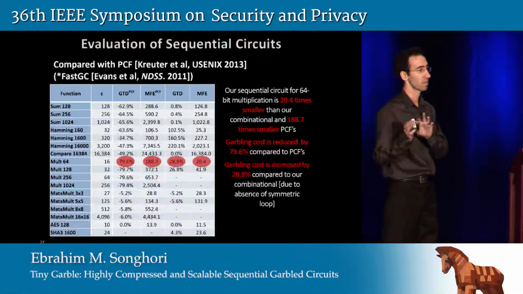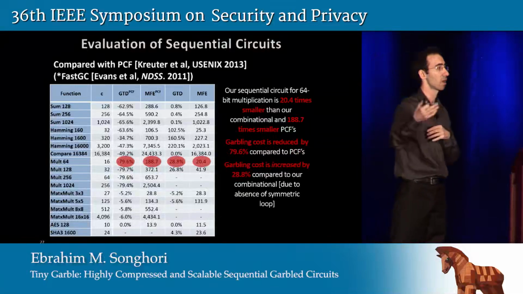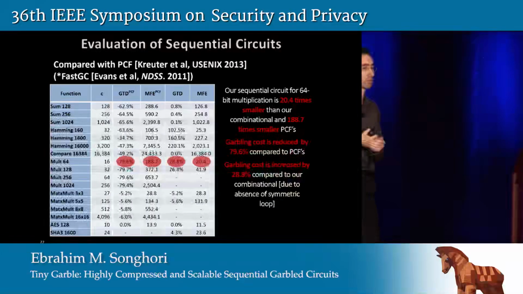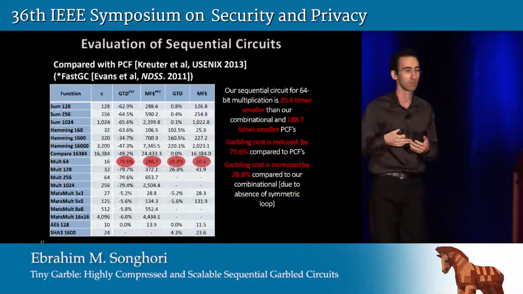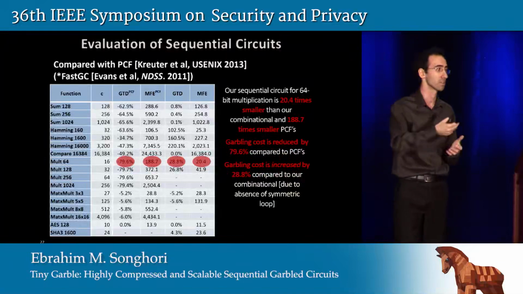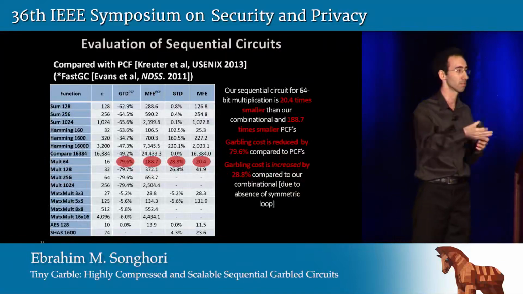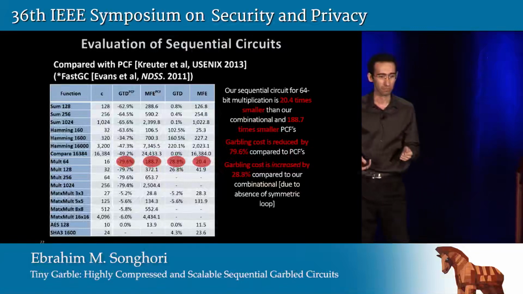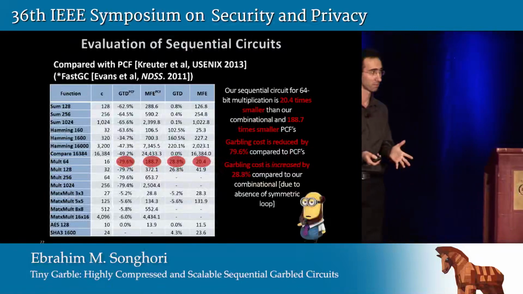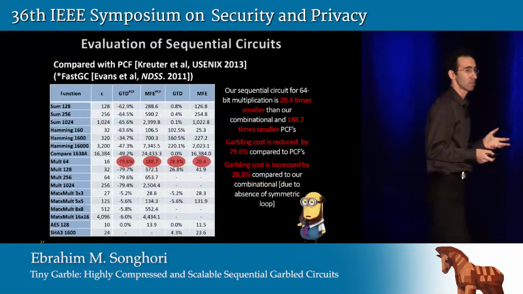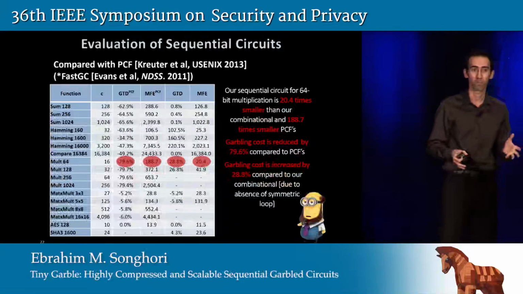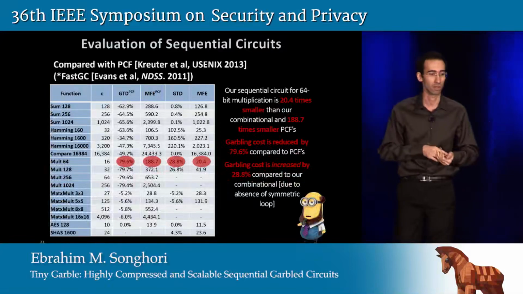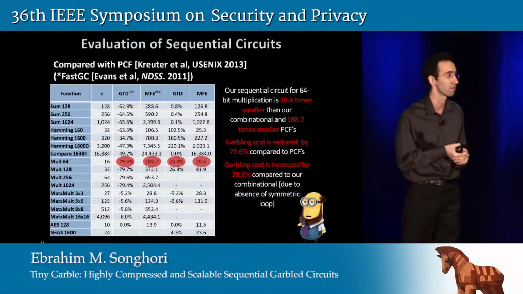But when we look at GTD compared to our combinational logic, we see a positive number, 28% more non-XOR. This is due to the overhead of the sequential circuit, because 64-bit multiplication doesn't have a symmetric loop. So here's the deal. We can use a combinational circuit and have a very optimized circuit, but it's not scalable. We cannot do it, for example, for multiplication 1024.